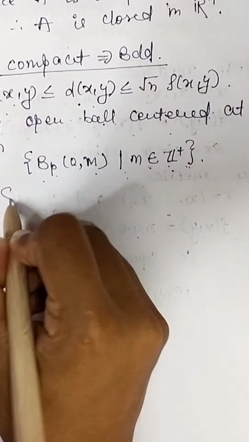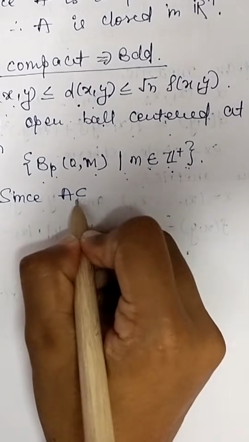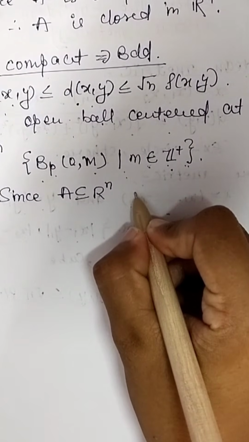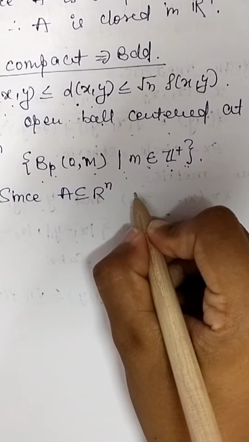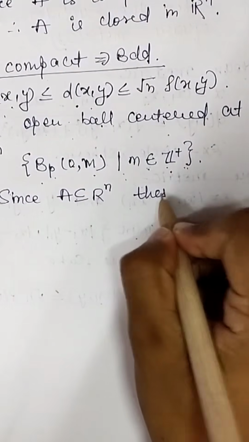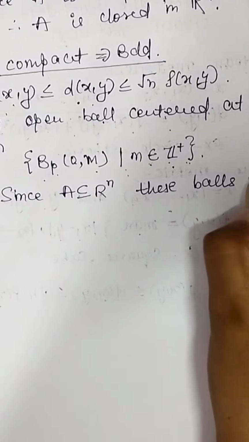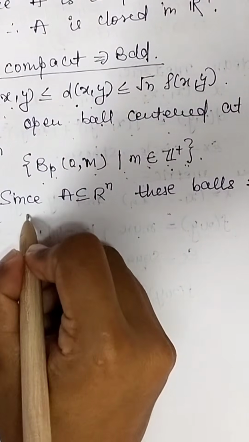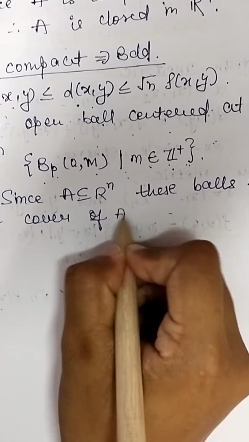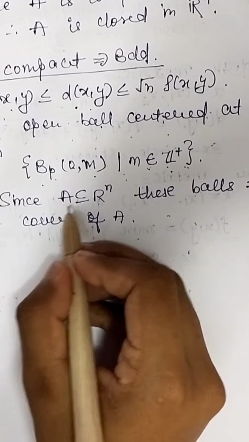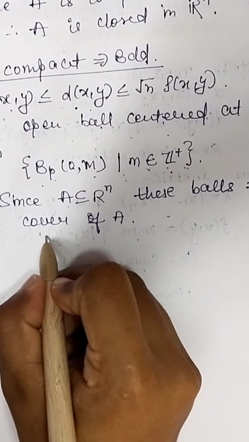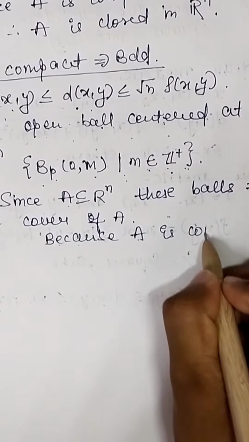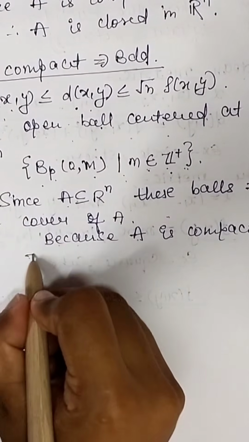So since A is a subset of Rn, these balls form an open cover of A. Because A is compact, there exists a finite subcover.